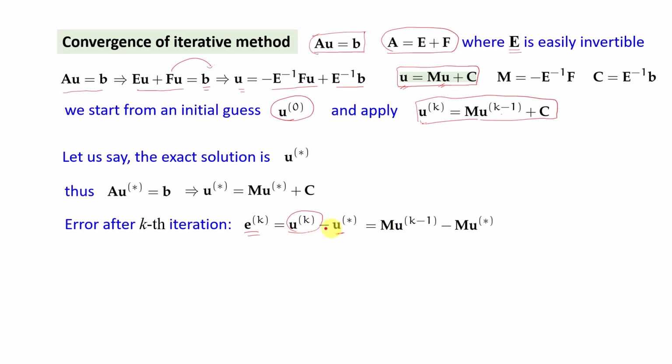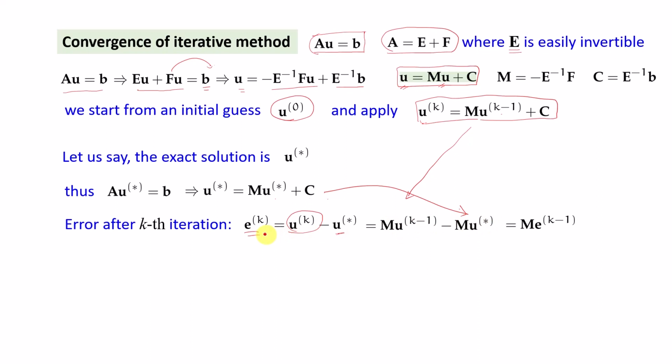So Uk is given by M Uk minus 1 plus C, and U star is given by M U star plus C. If I subtract, then C cancels out. I have M Uk minus 1 minus M U star, that means M into Uk minus 1 minus U star.